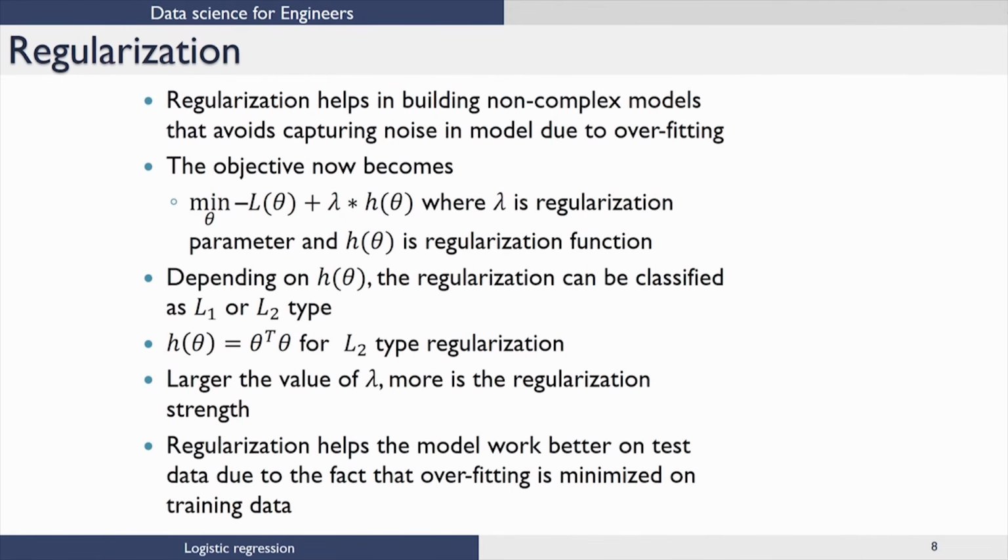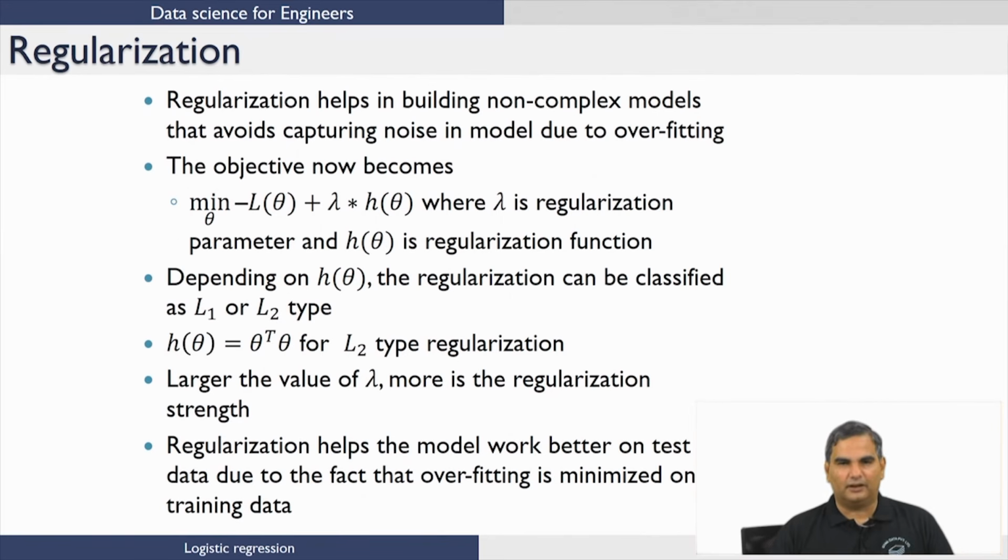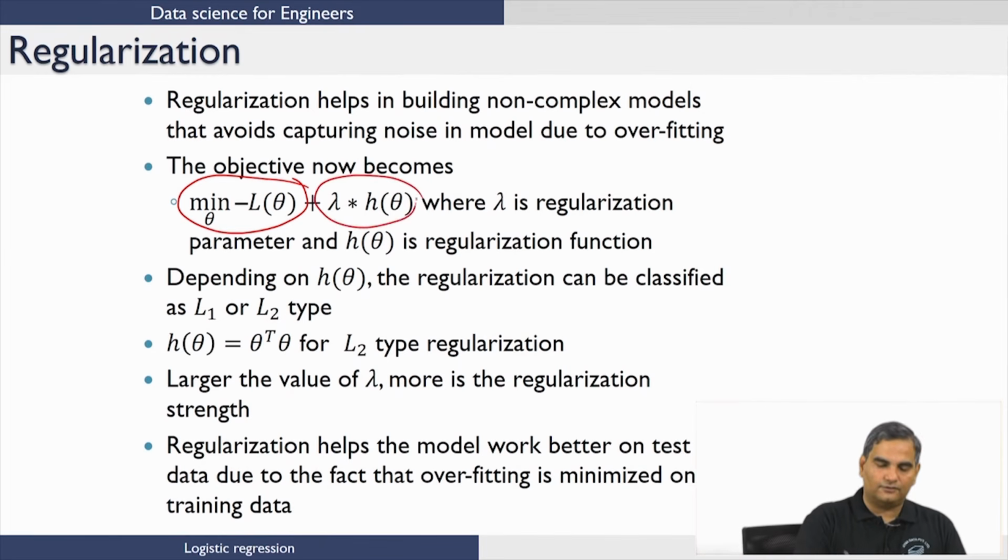So, regularization avoids building complex models, or it helps in building non-complex models, so that your overfitting effects can be reduced. So, how do we penalize this? Notice that what we are trying to do is minimize a log likelihood. So, what we do here is add another term to the objective, where lambda is called the regularization parameter, and h of theta is some regularization function.